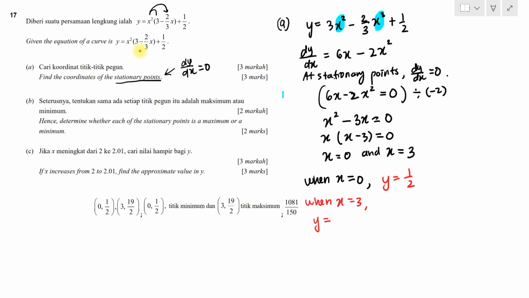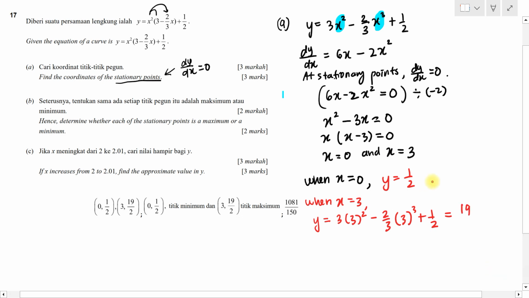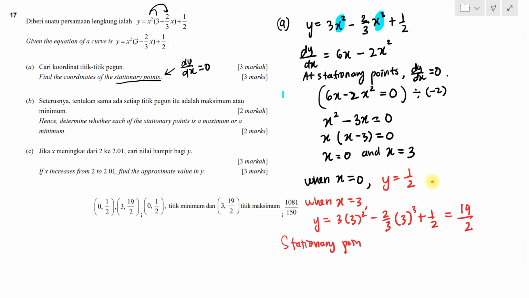So y is equal to 3 square minus 2 over 3 cube plus half, which you will get 19 over 2. So stationary points are (0, half) and (3, 19 over 2).